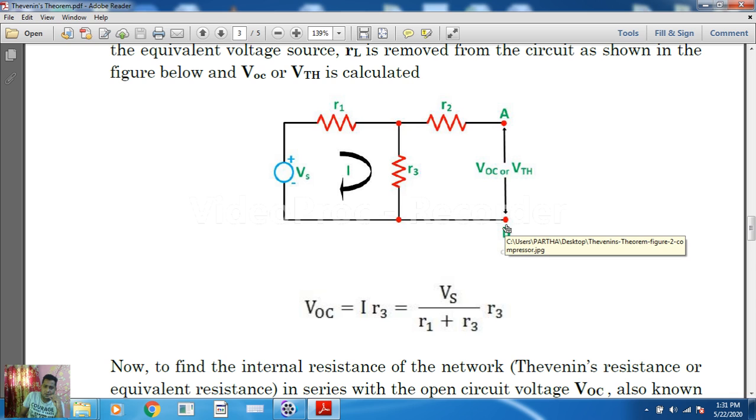You remove that particular resistor from the circuit, and find out how much voltage appears across that open terminal, and that voltage gives us the equivalent voltage source of the Thevenin theorem. So simple: remove the load resistance, make the terminal open, and find the voltage across it. That will be our equivalent voltage source.